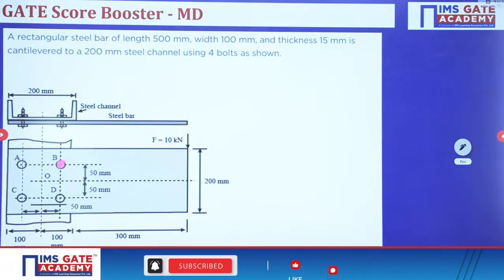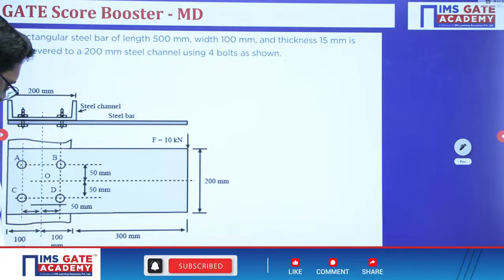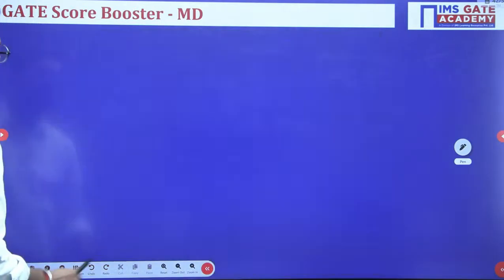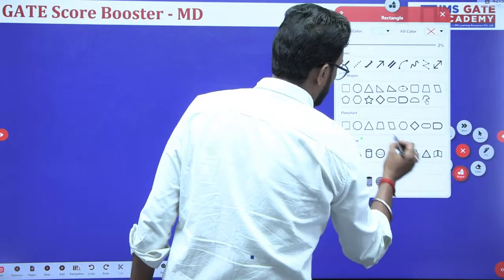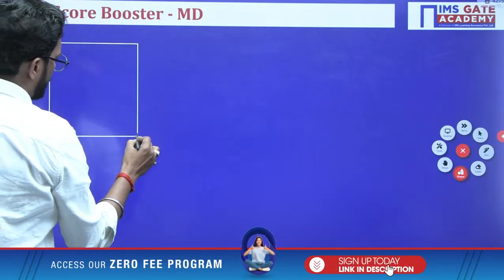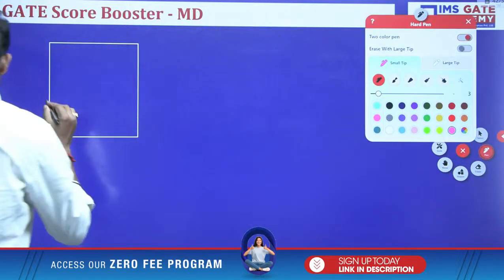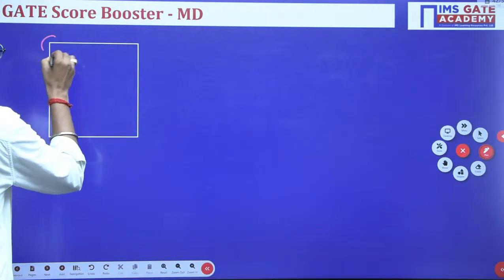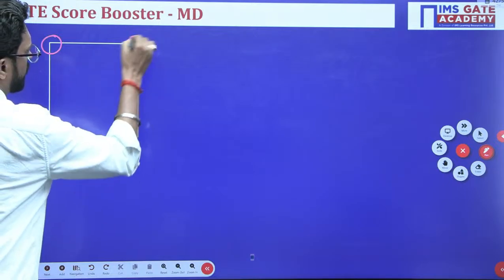This is very simple. So these bolts are symmetrical. This is the method. So these are the bolts. One bolt, two, 3, 4.